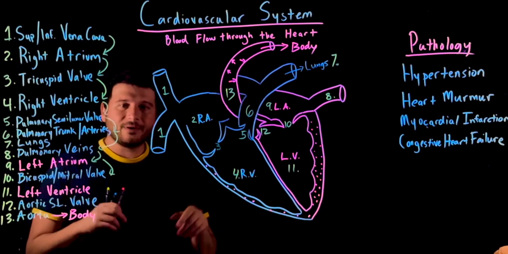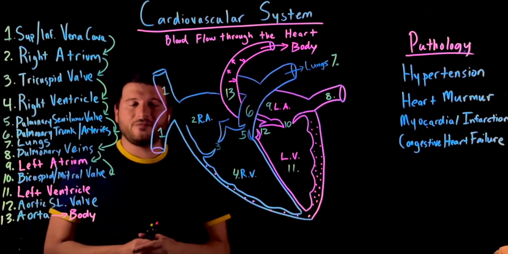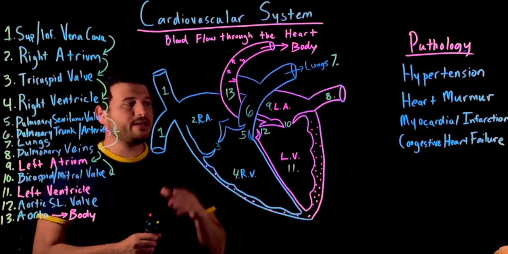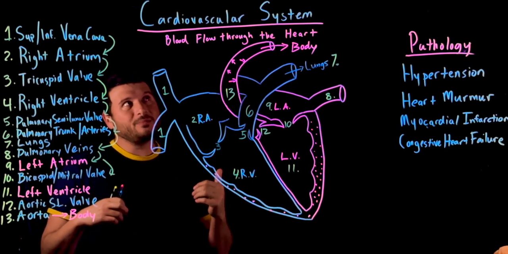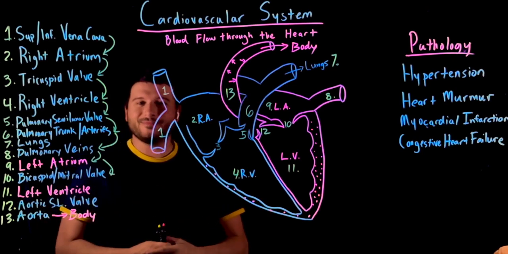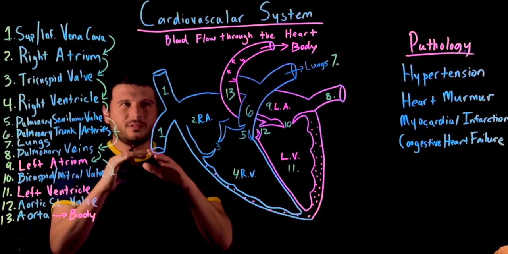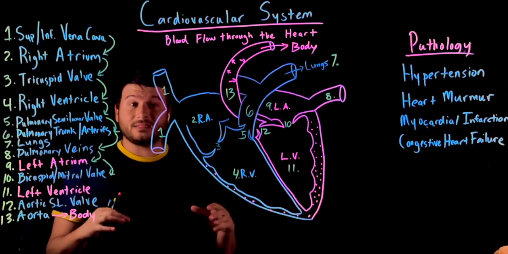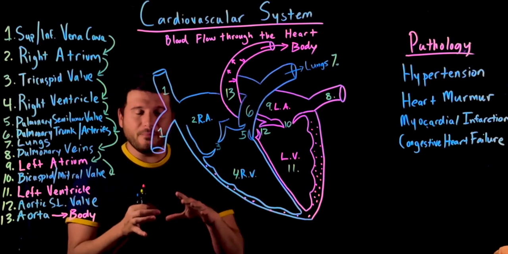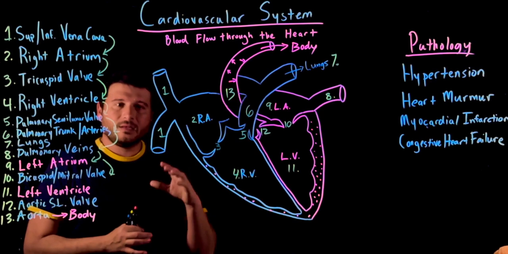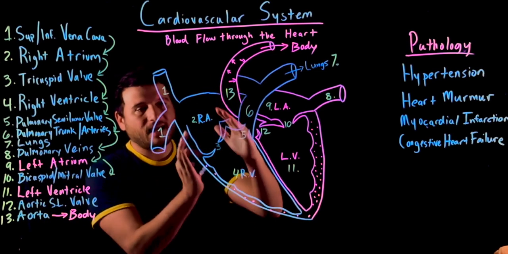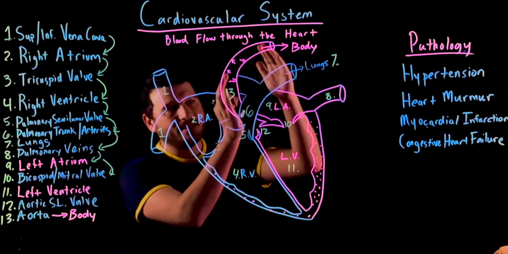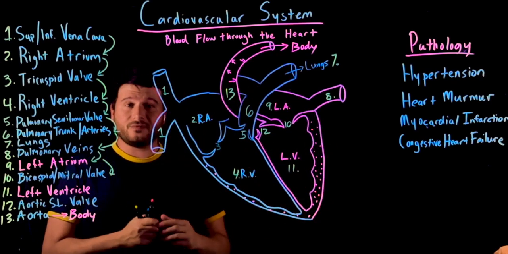The last thing I want to talk about is congestive heart failure. What do we mean by congestive heart failure? Well, think about it in terms of traffic on the freeway. We talk about how the freeway is congested, lots of traffic moving slowly. Congestive heart failure can be divided into right-sided congestive heart failure and left-sided congestive heart failure.